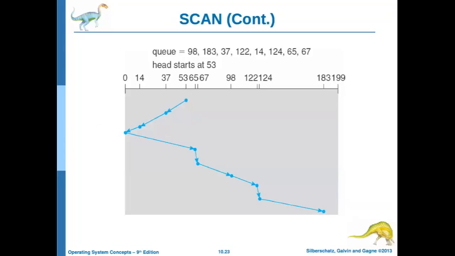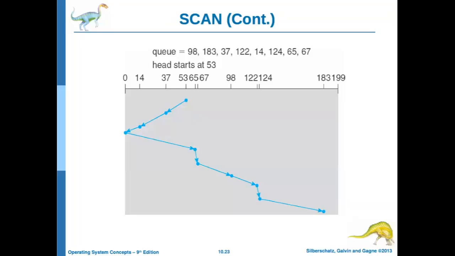Because it has a 53, it will select the cylinders which are less than 53. Just 2 are there. One is 37 and one is 14. So while traveling from 53 towards 0, the first cylinder it will come across is 37.